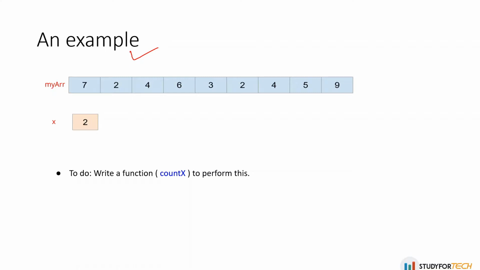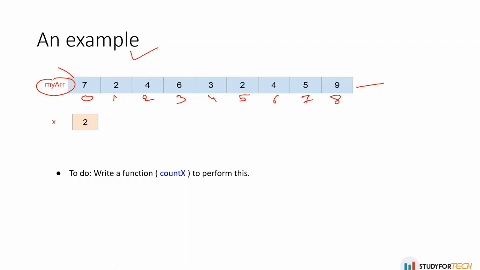I will be taking one list as an array. So you can consider this one array, and I have elements inside this array, which are 7, 2, 4, 6, 3, 2, 4, 5, 9, and the index is starting from 0, 1, 2, 3, 4, 5, 6, 7, 8.